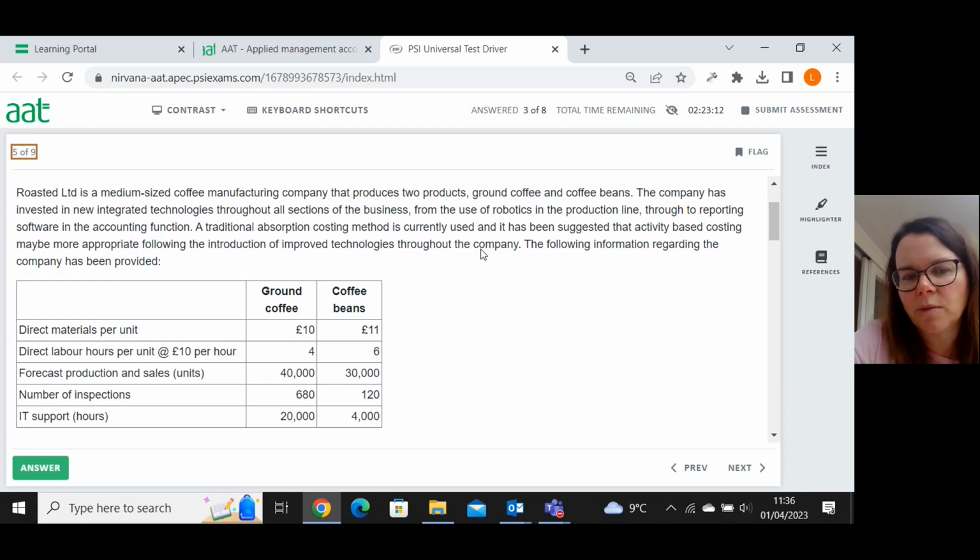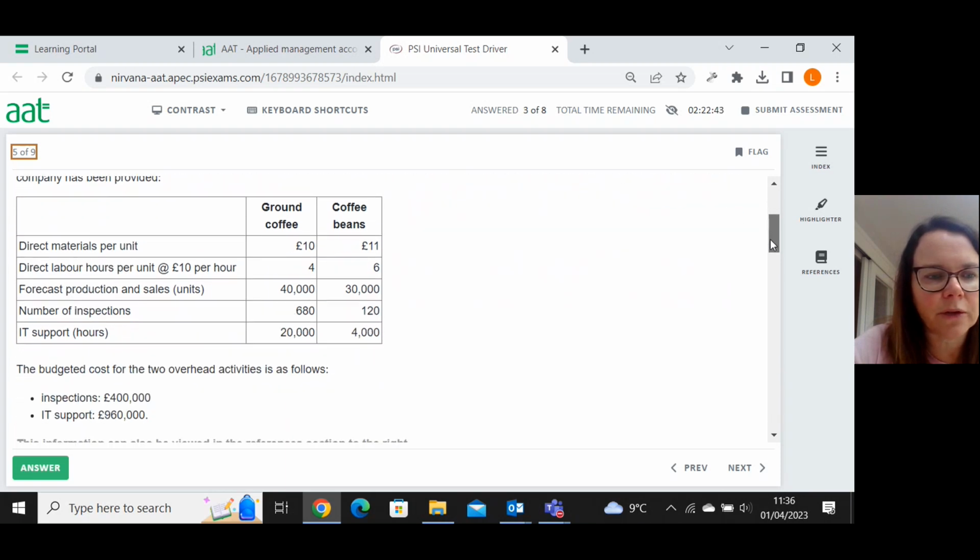Things are moving towards more technology, which means that there's more overheads but less direct costs. So the overheads are making up a bigger proportion of the costs of manufacture. So using activity-based costing can be seen as a more sophisticated and more accurate way of allocating and apportioning those overheads.